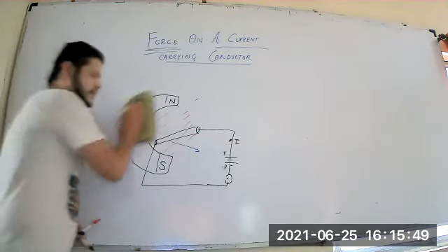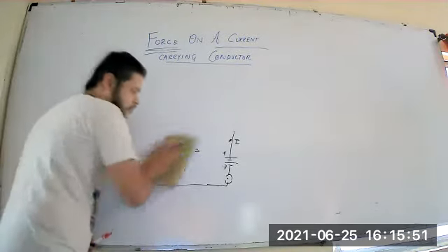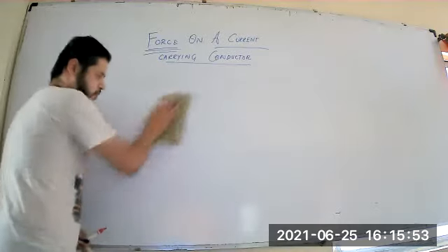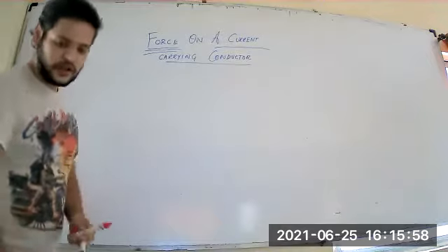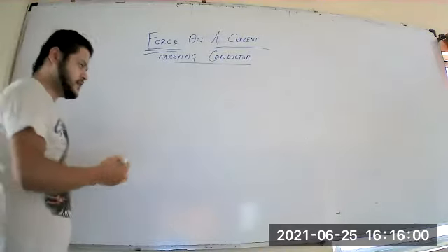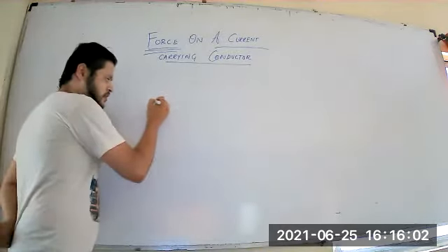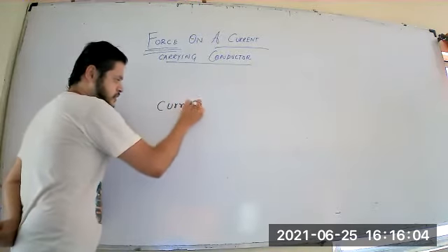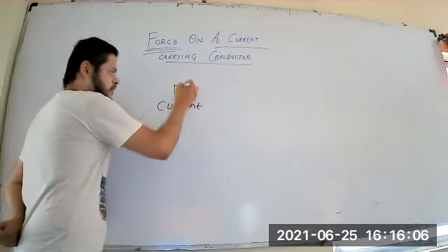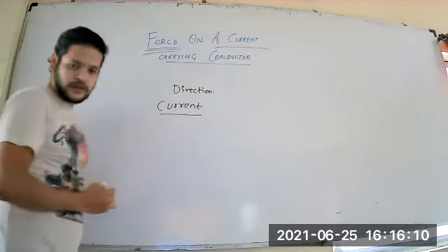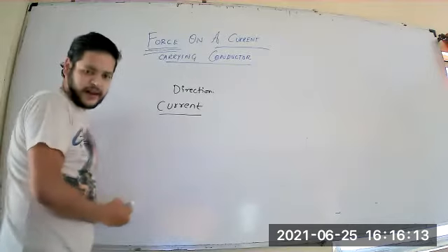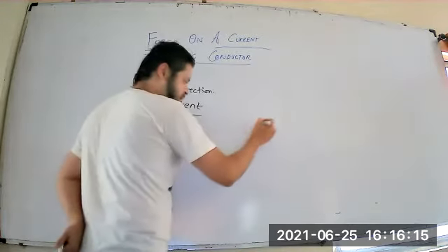So the next question arises, how or where does that force act, or how we can manage the direction of that force. Basically there are two methods. First is the direction of current. If I reverse the direction of current, I draw the diagram again.